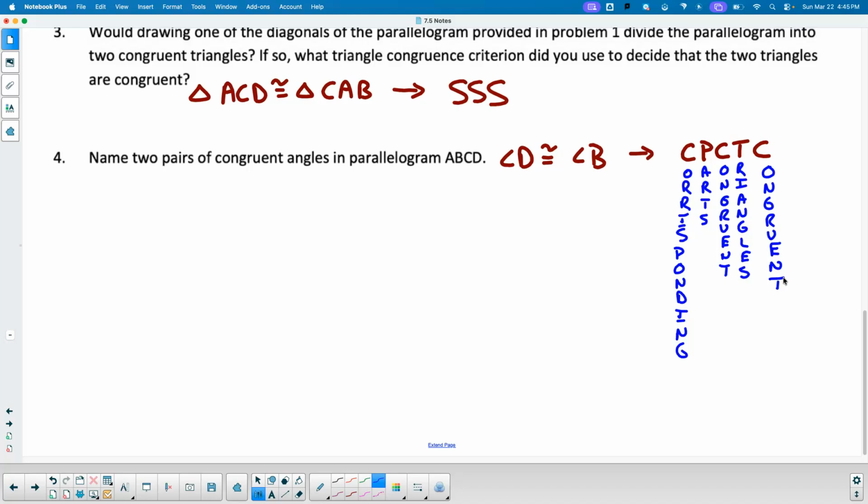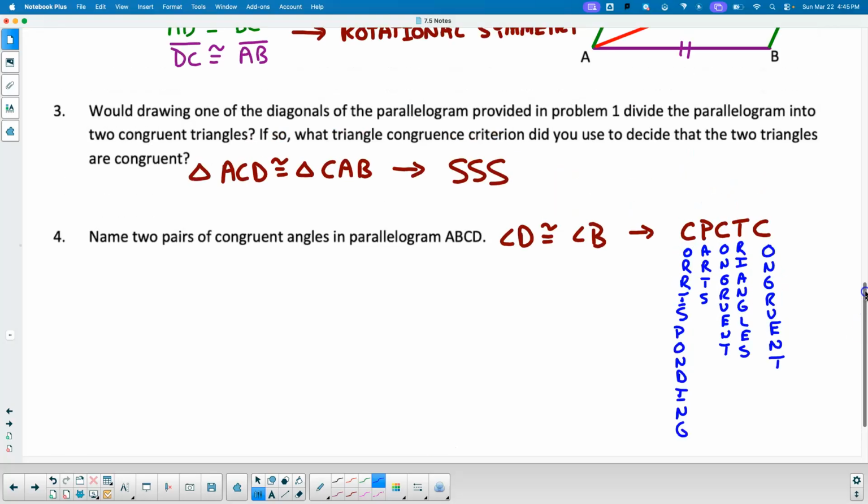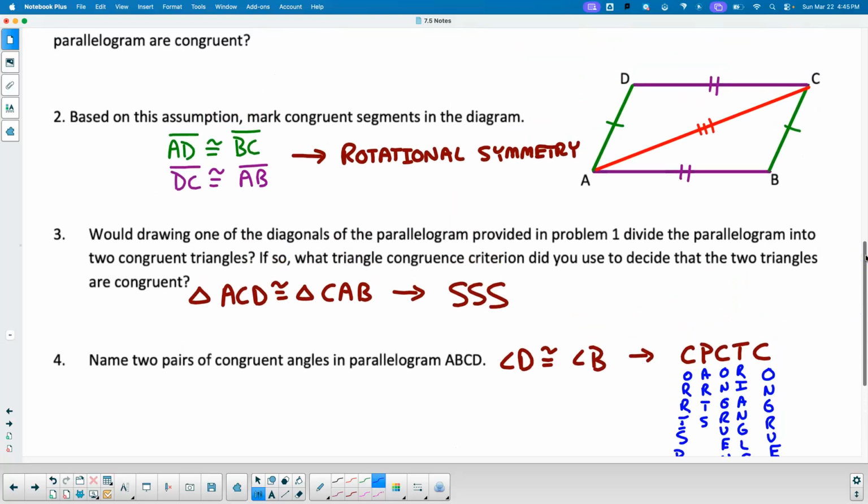Okay? Now, we chose, back up here, we chose diagonal AC. If we would have done diagonal BD, then that would have also created two triangles that are congruent by side, side, side.